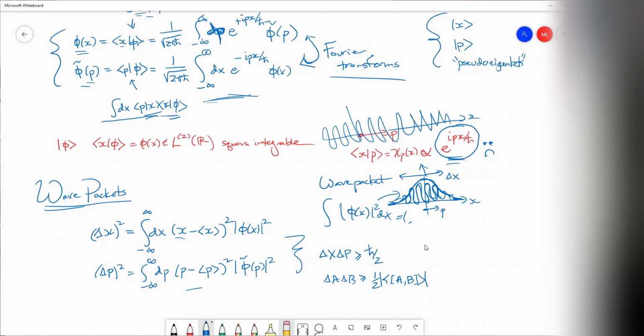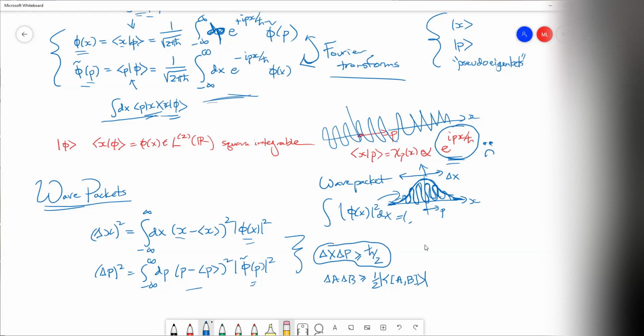I derived that today. So you just get the magnitude of i h bar, which is just h bar, so you just get h bar over 2. So we'll know that for any sensible wave function, if you compute these uncertainties in the position and momentum, then you'll get this bound between them.